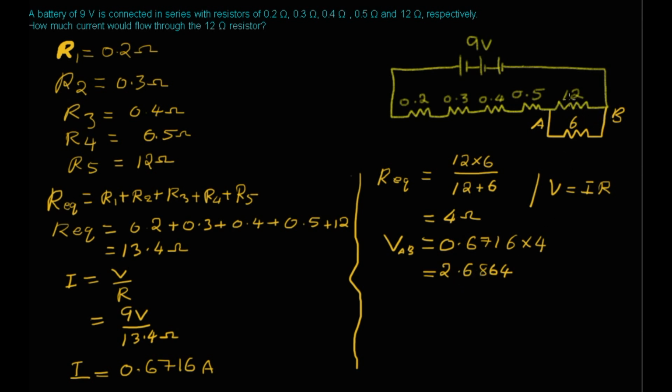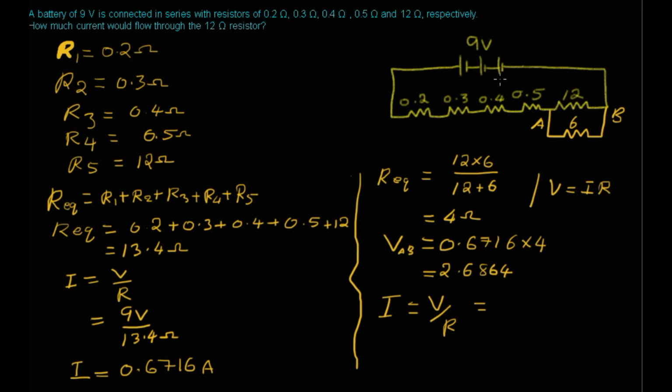Now we can find out the current passing through 12 ohm. The equation is I is equal to V divided by R. Here we have to take only the voltage coming between these 2 points A and B, not the 9 volt. That is the main concept you have to understand in this numerical.